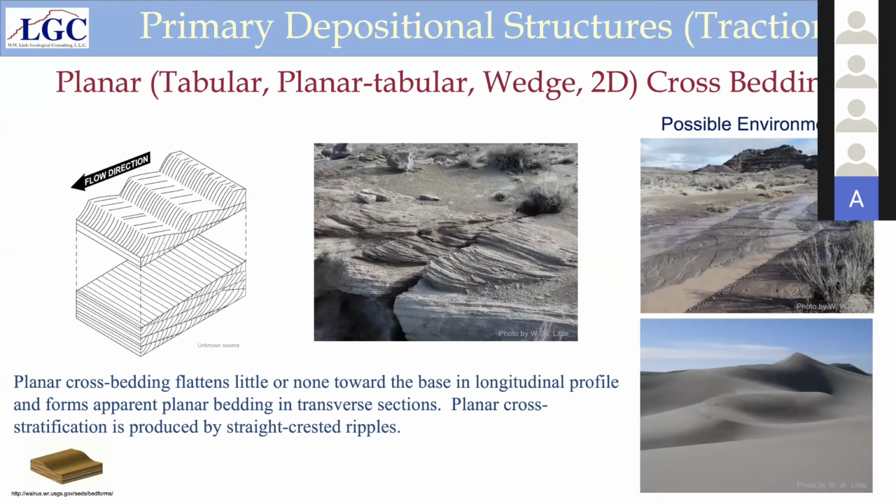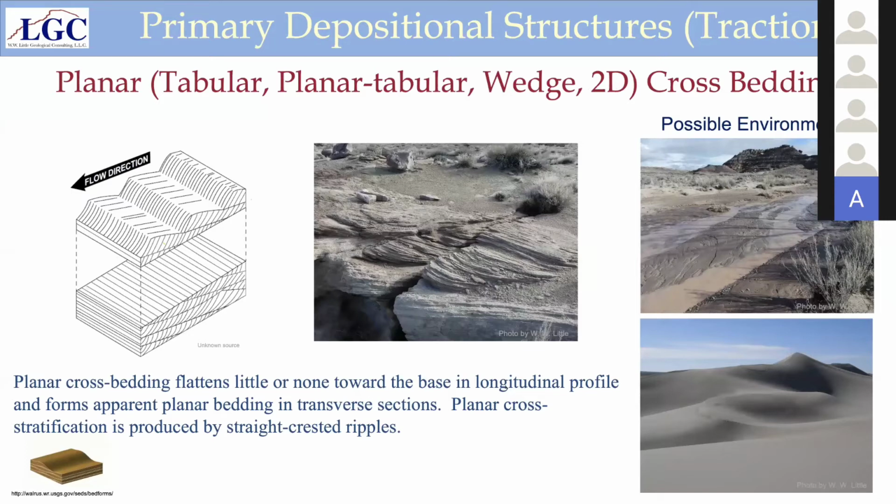Planar cross bedding is produced, well, first of all, it is cross bedding where there is very little change in dip angle from the top of the bed down to the bottom of the bed. Now notice on this one, rather than a meandering river, the example that I have is a braided stream. I've also got sand dunes down here as well.